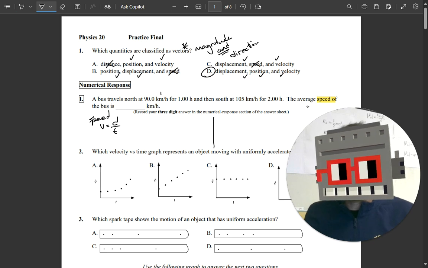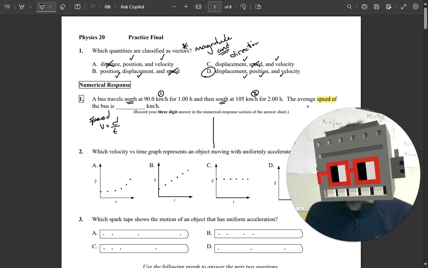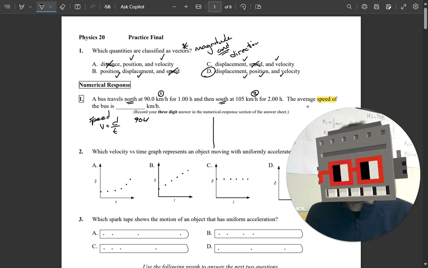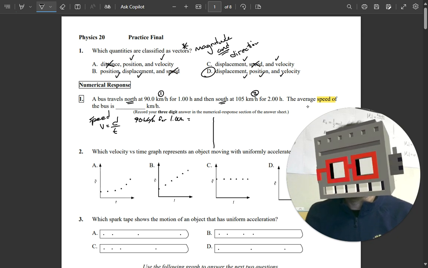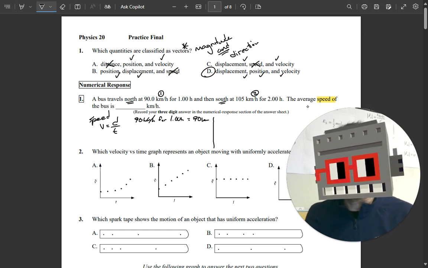I'm going to split this into its two parts. The first part is 90 kilometers per hour in the north direction, and the other one is in the south direction. The 90 kilometers per hour for 1 hour, how far have I traveled? If I multiply those together, I've traveled 90 kilometers in the north direction.